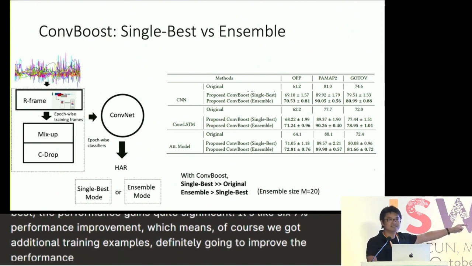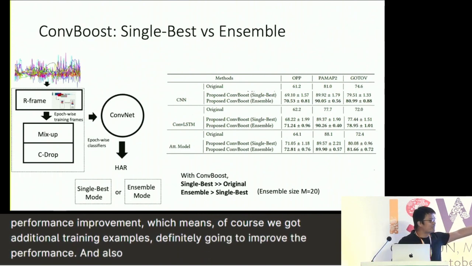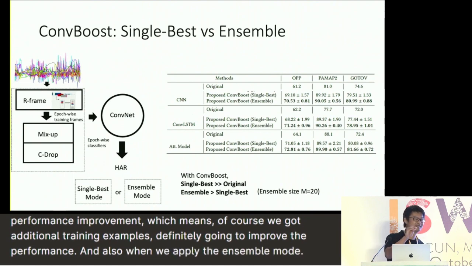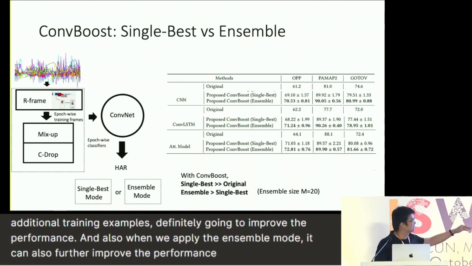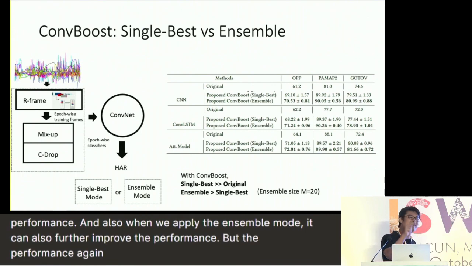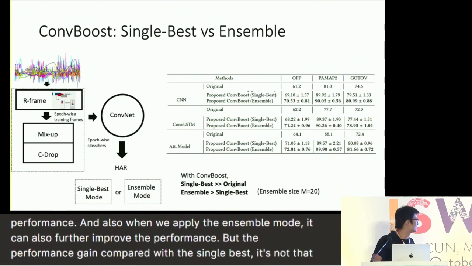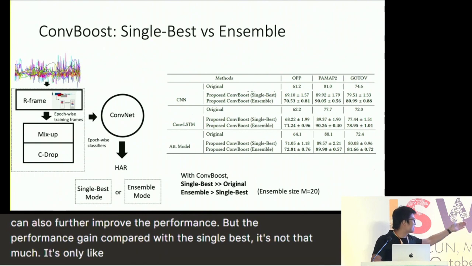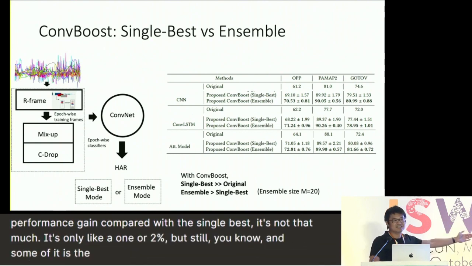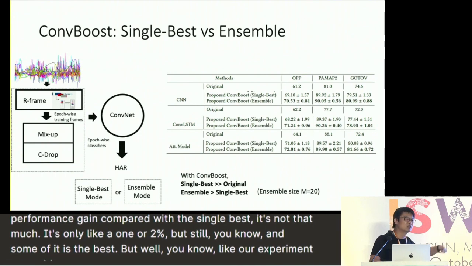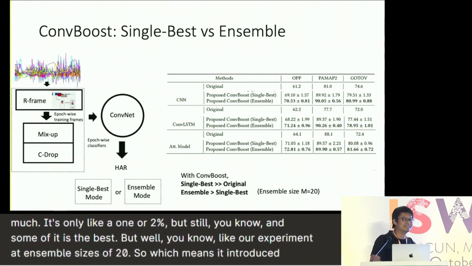And when we apply the ensemble mode, it can further improve the performance, but the gain compared with the single best is not that much, only about 1 or 2%. But still, the ensemble is the best. However, in our experiment the ensemble size is 20, which means it introduces lots of model parameters.